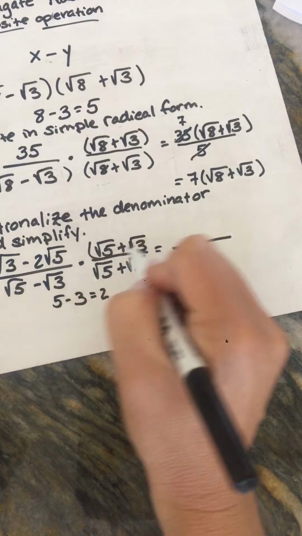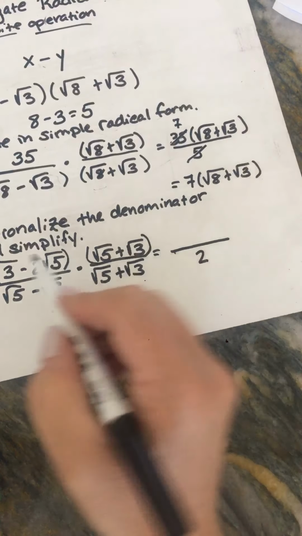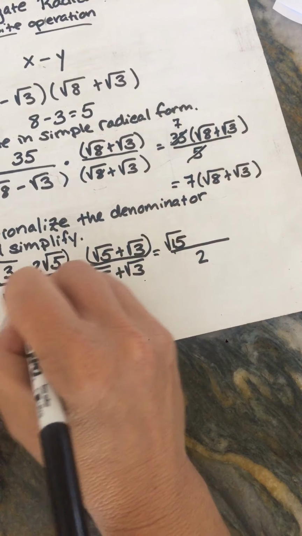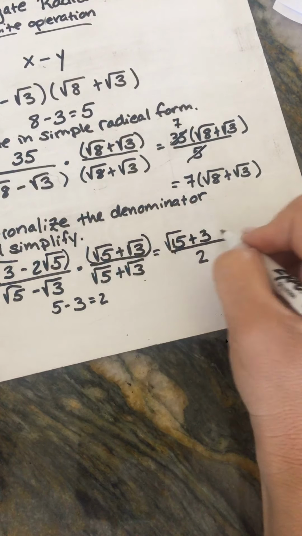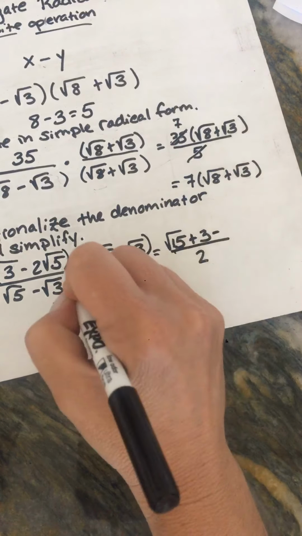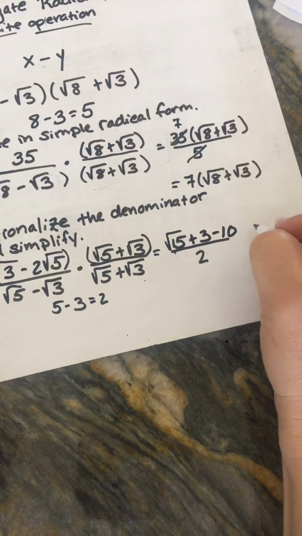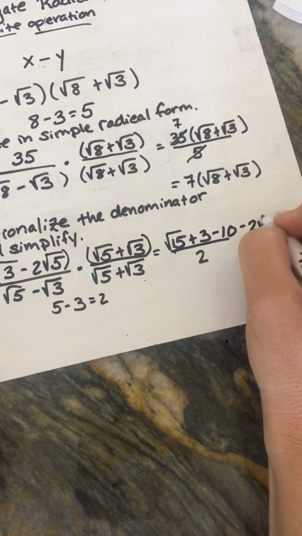And our numerator, we're going to have to do a little FOIL, right? So that's going to be a square root 15 plus, oh, that'll be a 3, that's nice, minus, oh, that's a 5, minus 10, that's kind of nice, and then minus 2 square root 15.